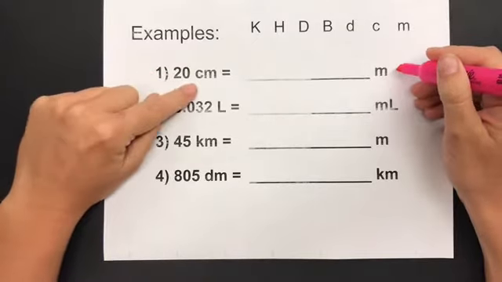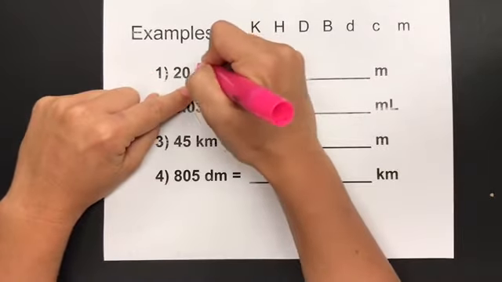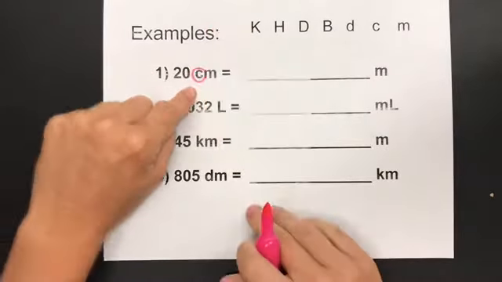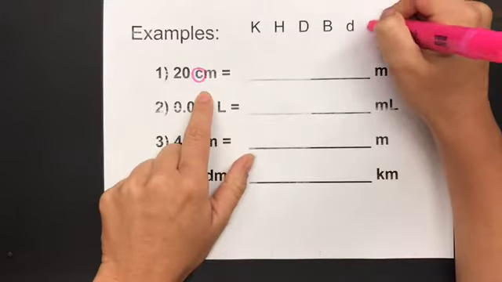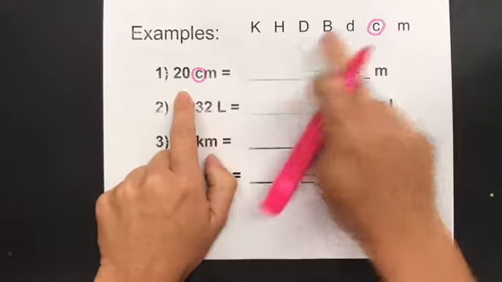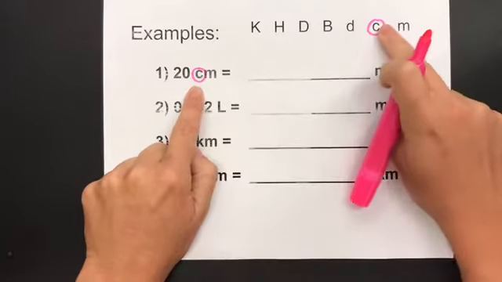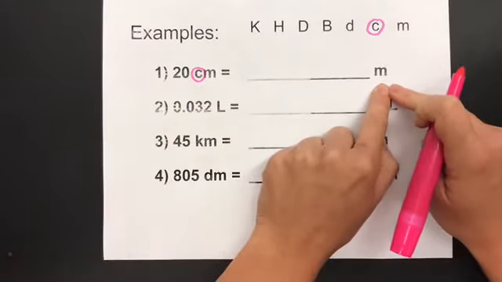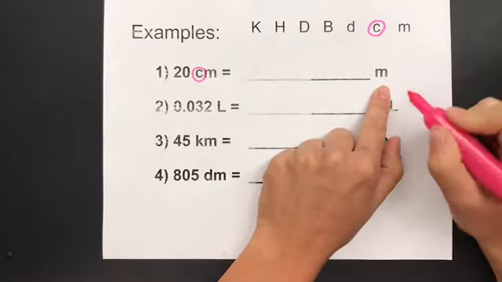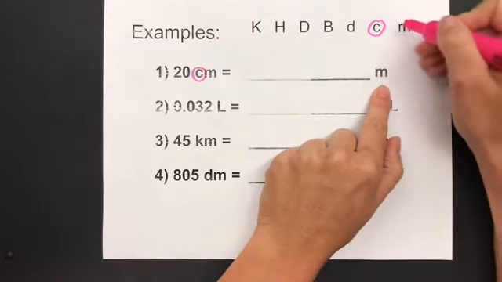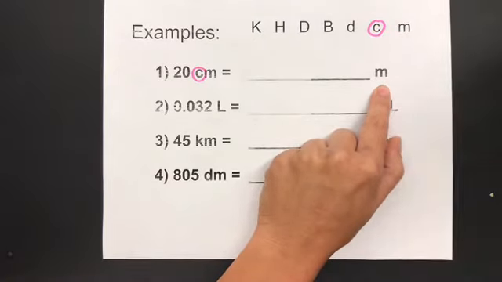Problem 1, 20 centimeters. So what you're going to do is you're going to find that letter and circle it. So every time you do a problem, you're going to write that out and circle it. So here you have a C, that's where you're at. Now, where are we going? First off, a most common mistake is to go to that M, but you have to stop yourself.